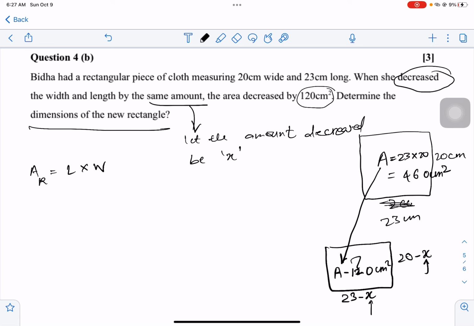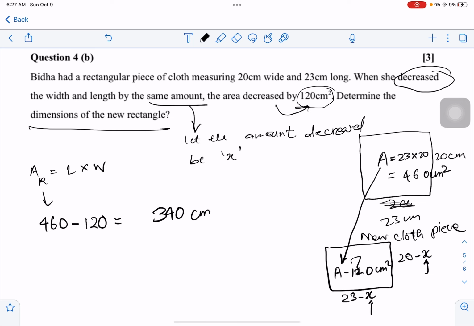So the area of the new cloth piece, originally it was 460, decreased by 120, so I need to subtract 120, which is equal to 340 centimeters square.